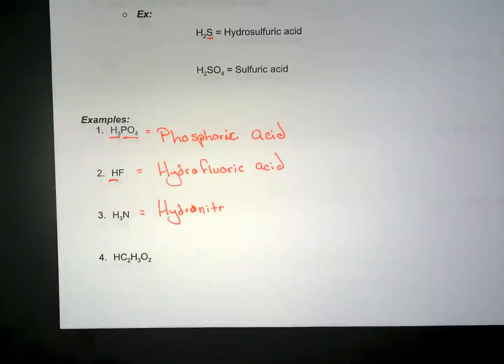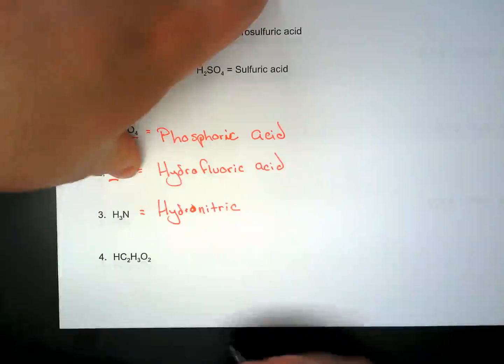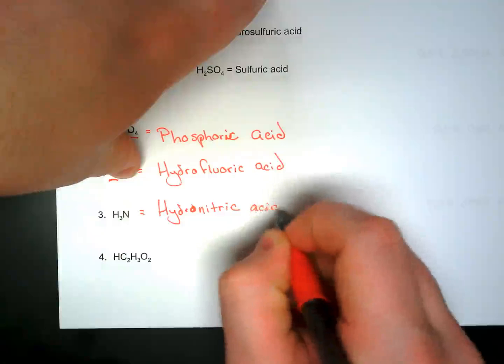What do you think? Nitrogenic acid. That doesn't sound right. Nitrogenic sounds kind of weird. What else? Hydronitroic. That doesn't sound right. Hydronitric. Oh, that sounds kind of good. Hydronitric acid. And you'd be 100% correct.